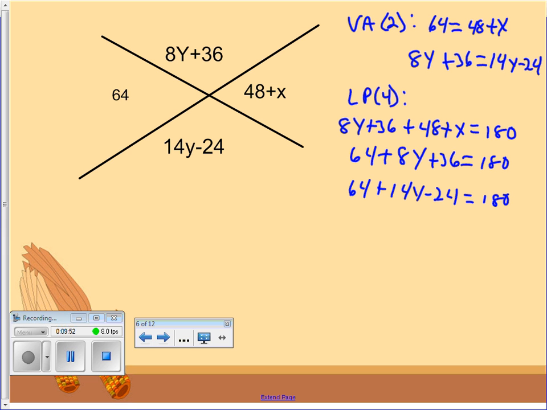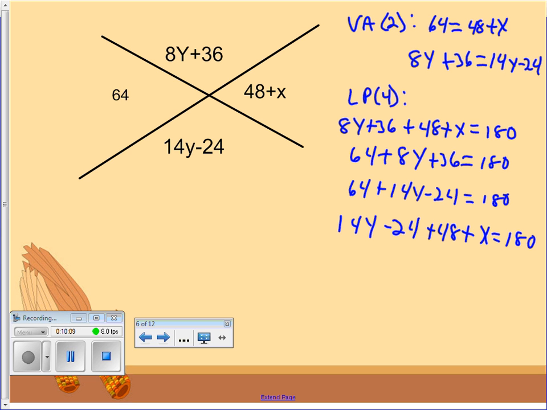And the last one is going to be 14y minus 24 plus 48 plus x equals 180.